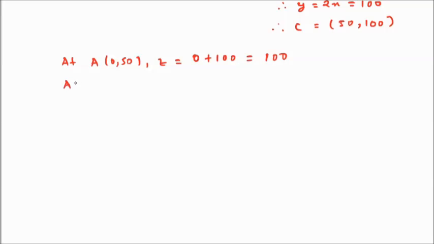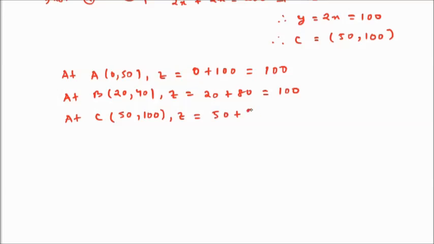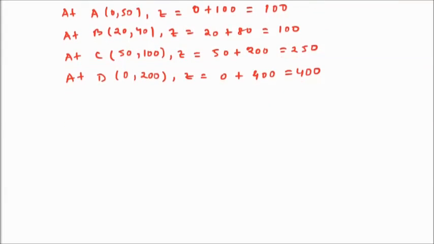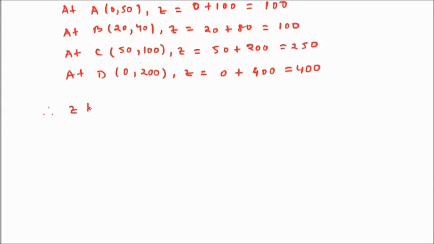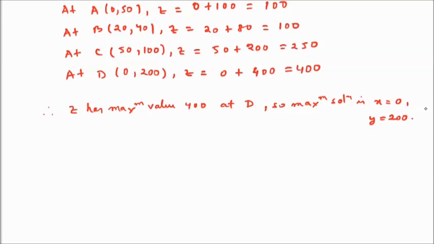At B, so it is very clear from here that Z has maximum value 400 at D. So I can say the maximum solution is x equal to 0 and y equal to 200.